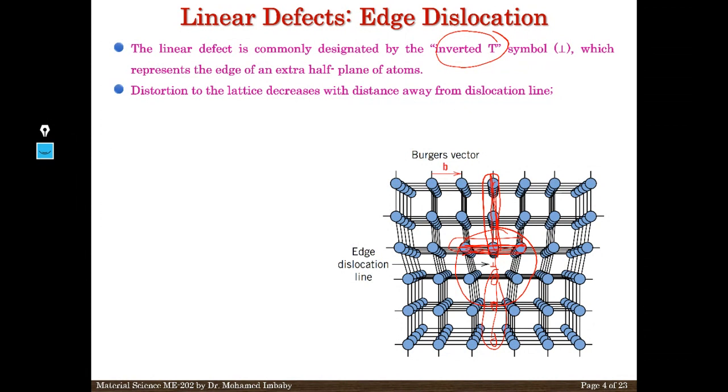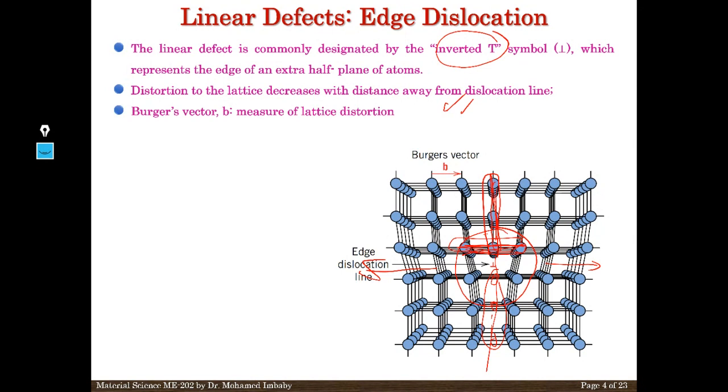Yes, this word. If you look at here, Shabab, again, when you come close to the dislocation line, you see more distortion there. But if you go away from this line, you feel that the distortion will be reduced. This is what's written here.